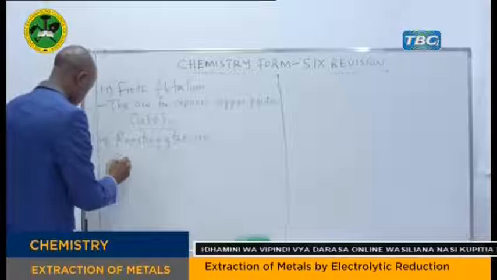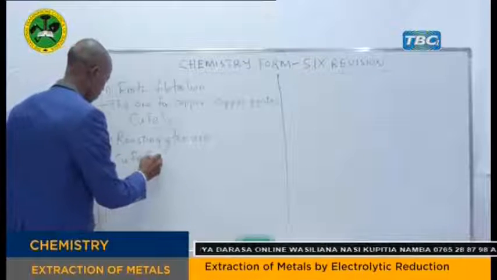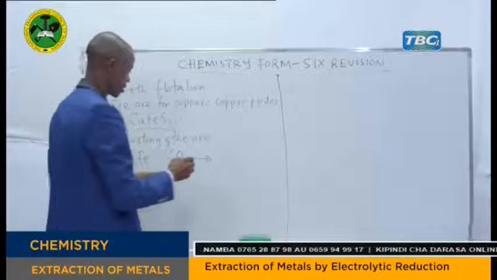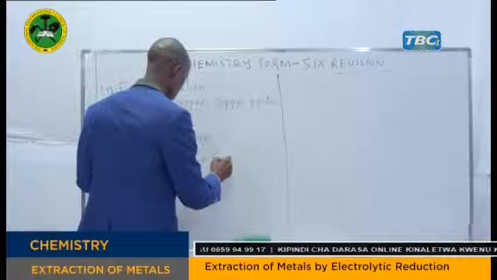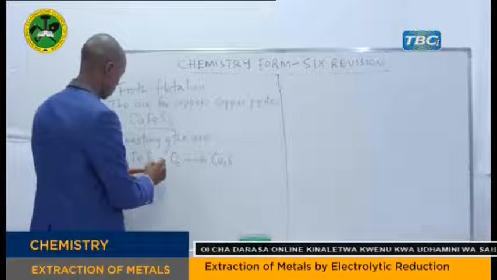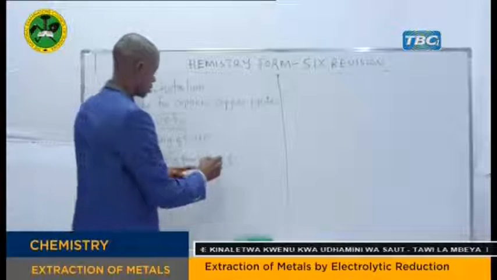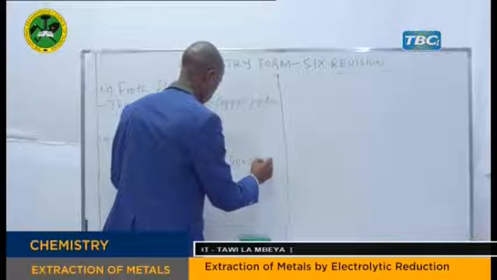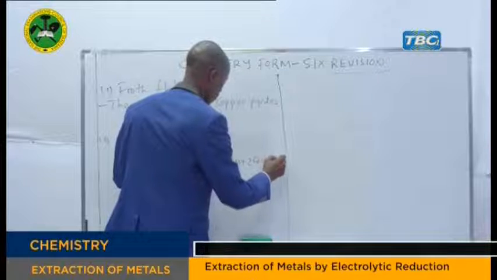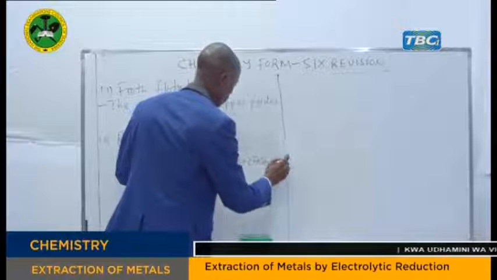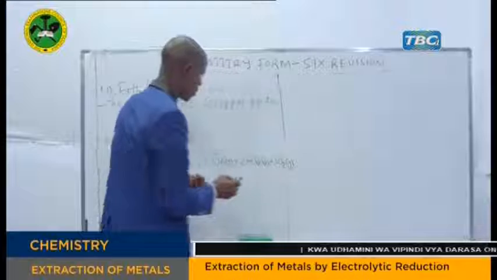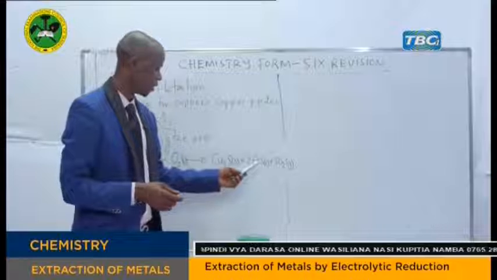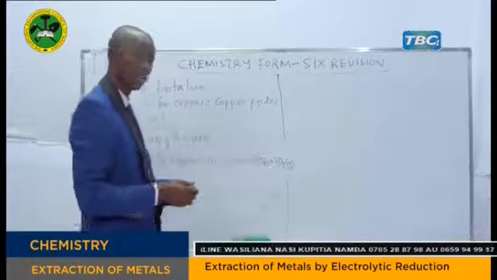This ore is taken. When it is heated, these are the products that will be formed. We have copper(I) sulfide, we have iron(II) sulfide, and we have sulfur dioxide.